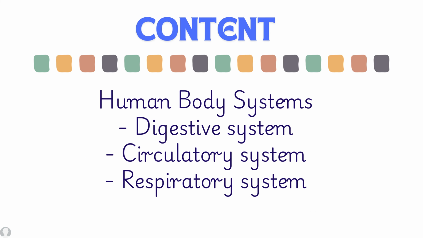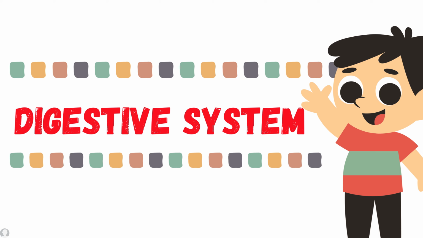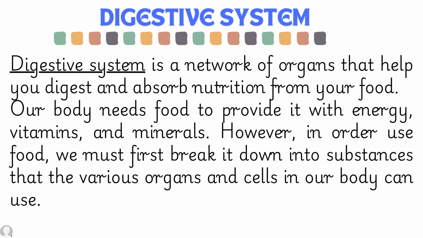The content of this week's lesson is about human body systems: the digestive system, circulatory system, and respiratory system. Let us know more about this digestive system. Digestive system is a network of organs that help you digest and absorb nutrition from your food.